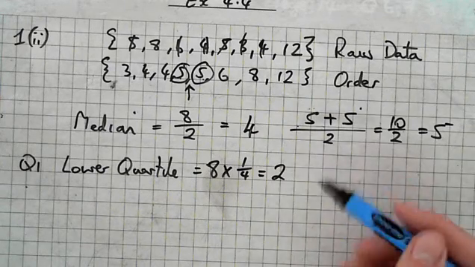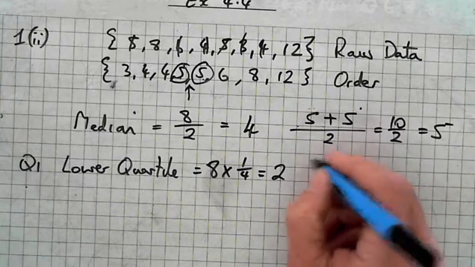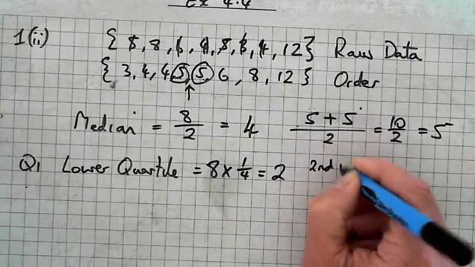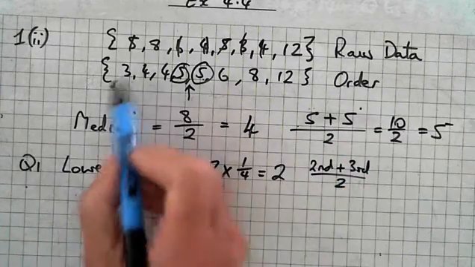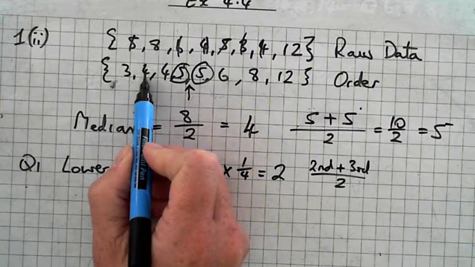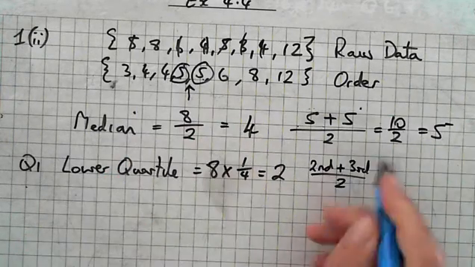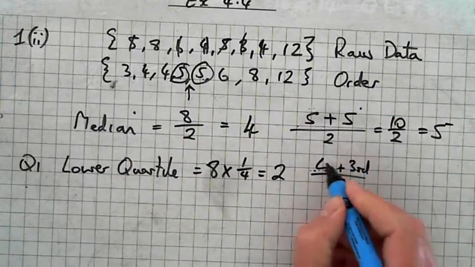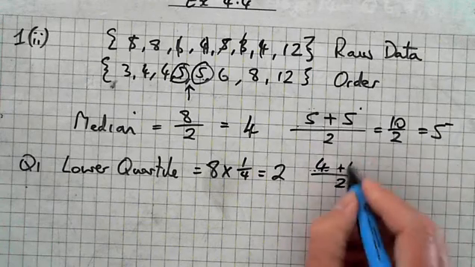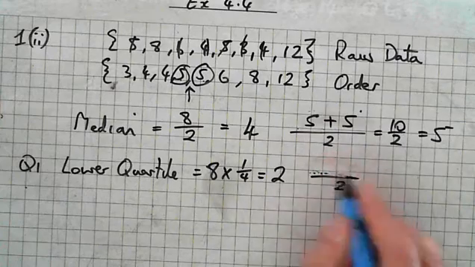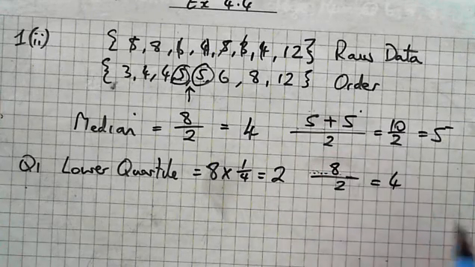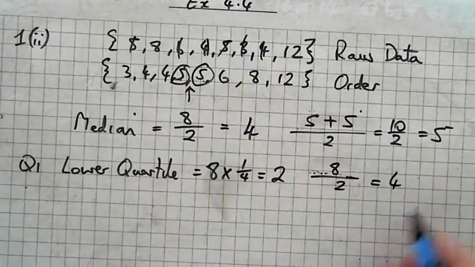That number is even, so I pick the 2nd and 3rd, add them and divide by 2. What's the 2nd number? 4. What's the 3rd number? 4. 4 and 4 is 8 over 2. So the lower quartile is 4.